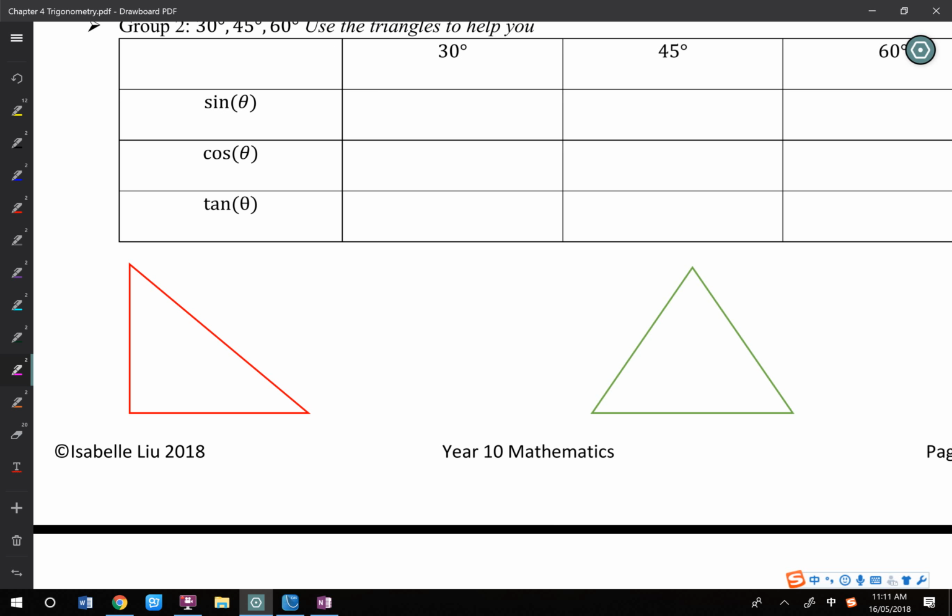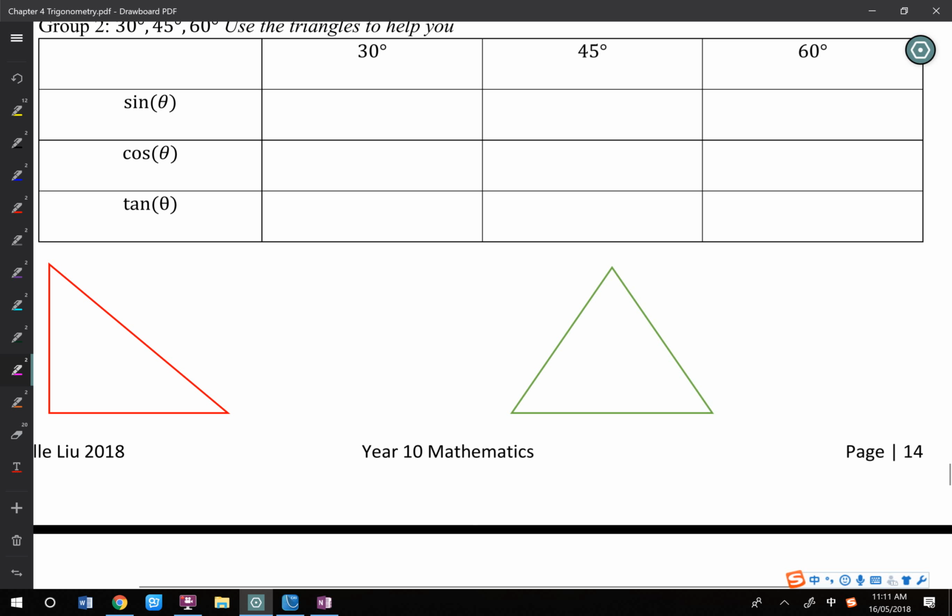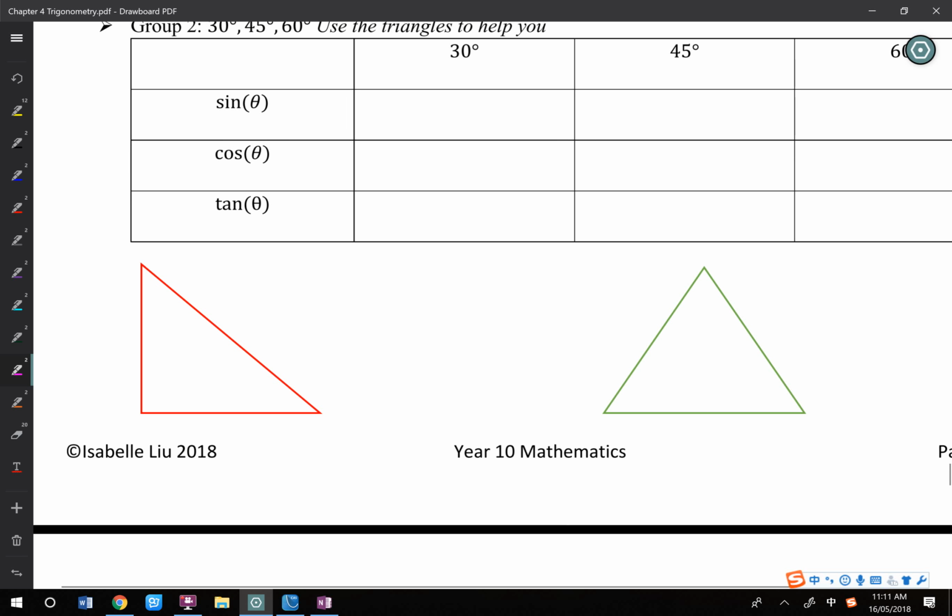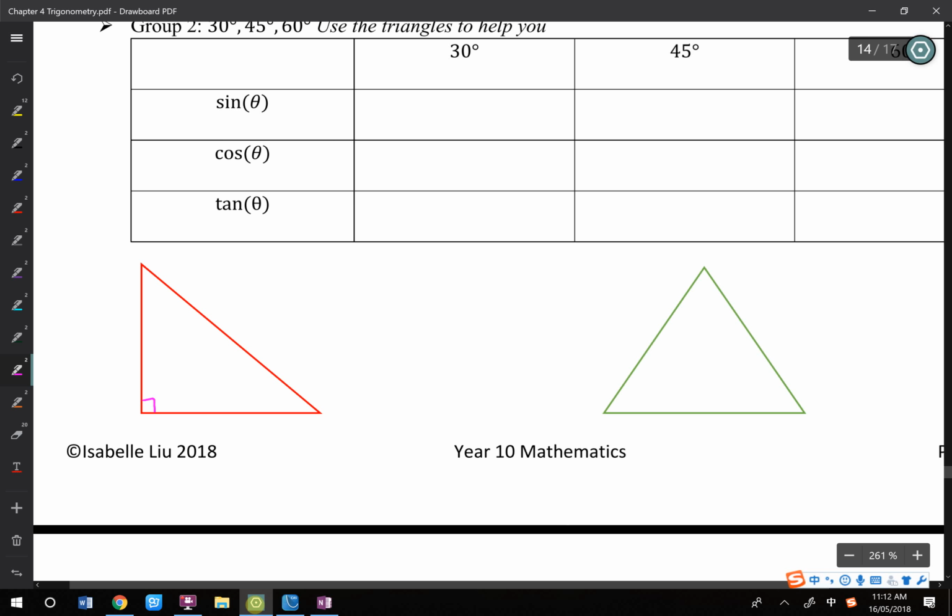I'm not going to continue with the second type. But what I will do here is give you 2 triangles. This is homework I want you to think about. This is a 45-degree right angle triangle, with 45 degrees here and 45 degrees here.